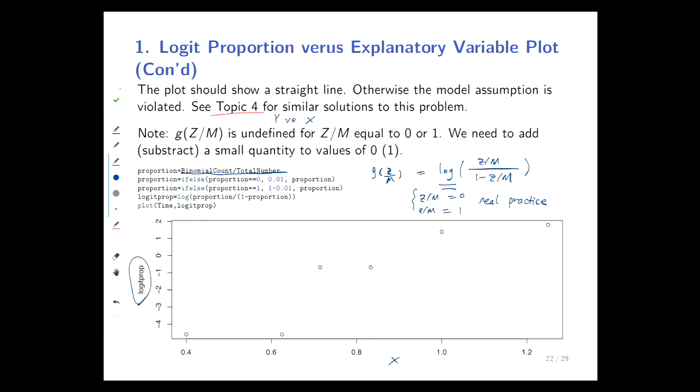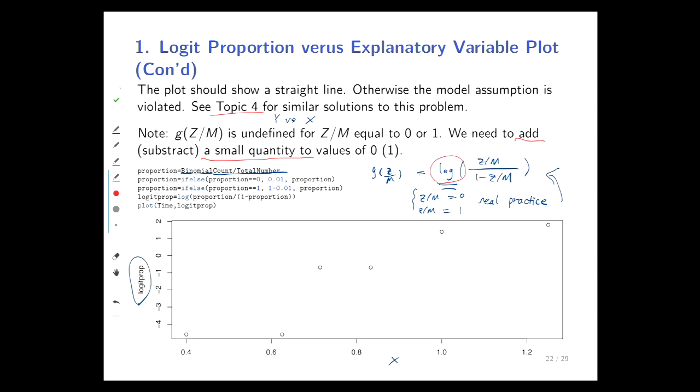If we have these two kinds of situation, the logarithm of 0 or the logarithm of 1 divided by 0 does not have a definition. So in this case, we need to add or subtract a small quantity to the value 0 or 1 in order to make sure that we actually have this log value.